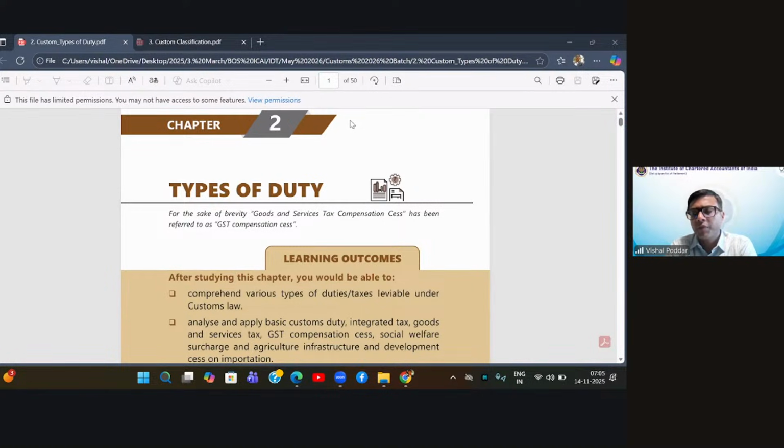Also, I had mentioned one very important aspect of customs law, that it also acts as a single window system for the Government of India. What is this single window system? Through customs, not only the customs duty, but also some other duties are levied and recovered.